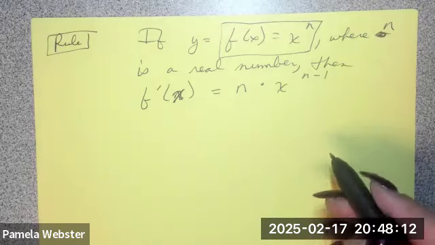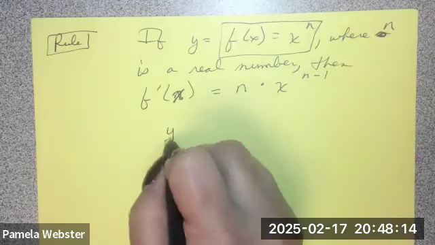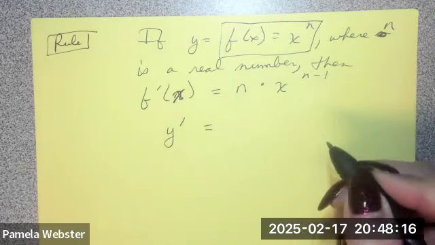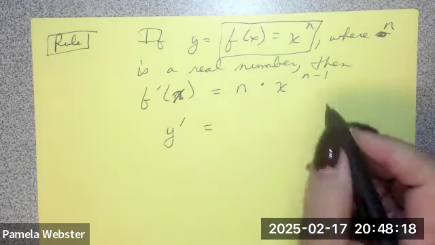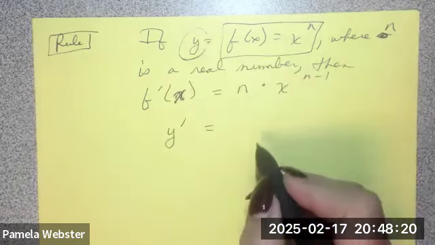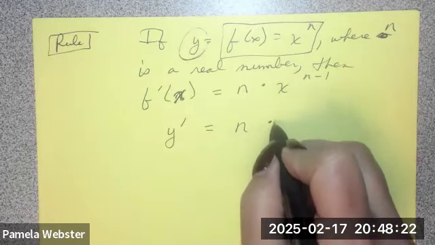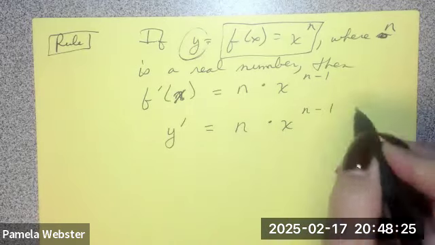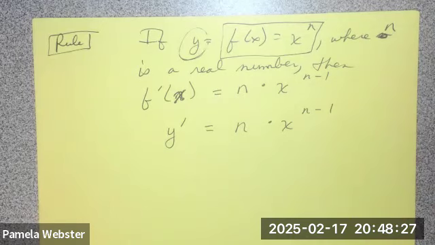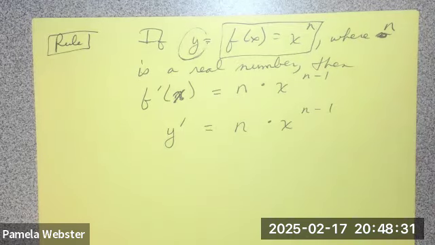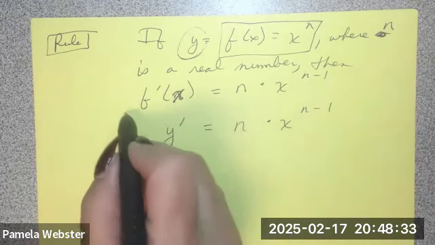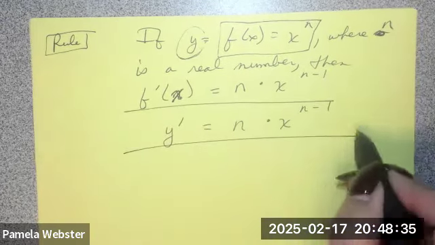Okay, so let's try another one. Okay, y prime. Well, y prime is the same thing. It's just based off of the y here, right? n times x to the n minus 1. Same thing. Okay. There's another way you might see it written. There's this guy.